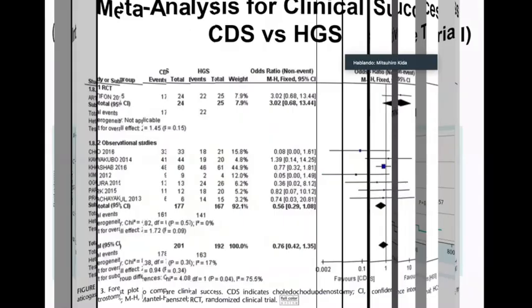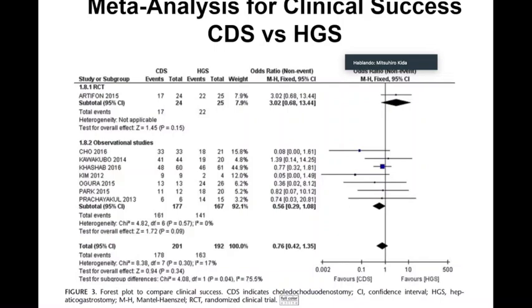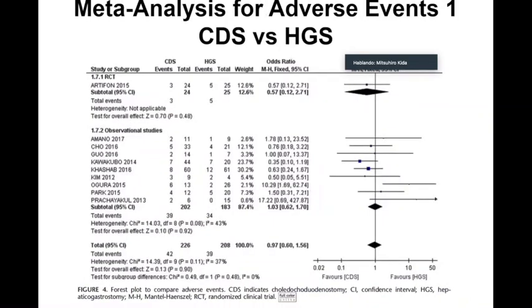This is a meta-analysis for clinical success of CDS versus HGS, done by Webler. There is no difference between CDS and HDS in clinical success. Concerning adverse events, there is also no significant difference.